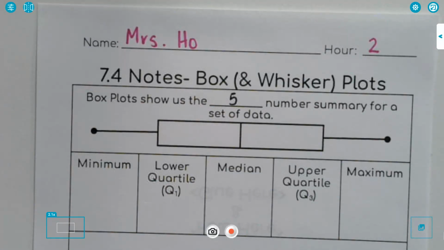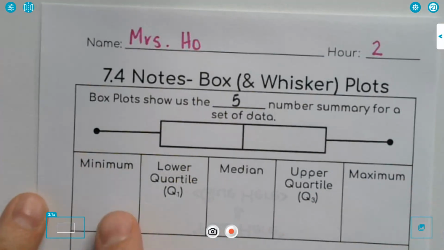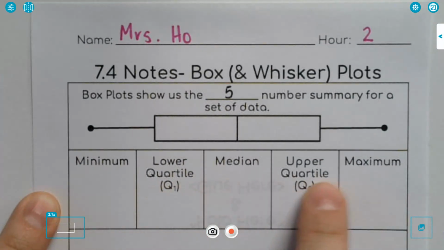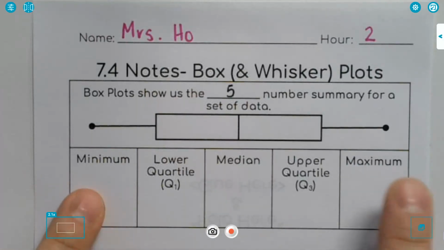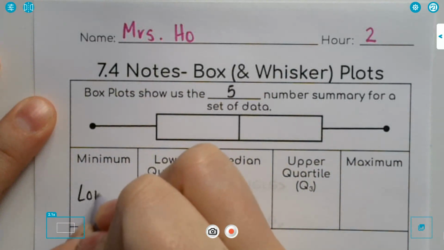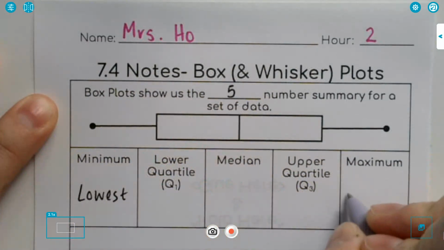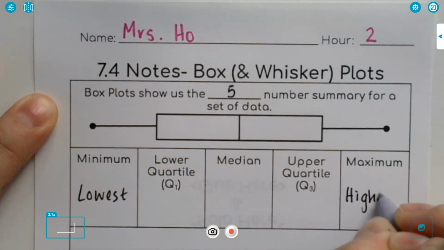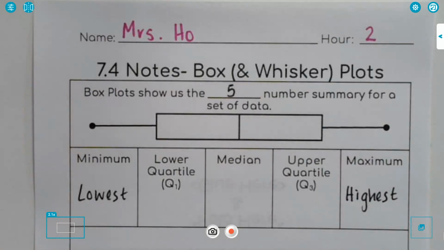So what a box plot shows us is the 5-number summary. Minimum and maximum are easy. We put our data in order. Minimum is our lowest. Maximum is our highest. Then we have also learned how to find our median already.